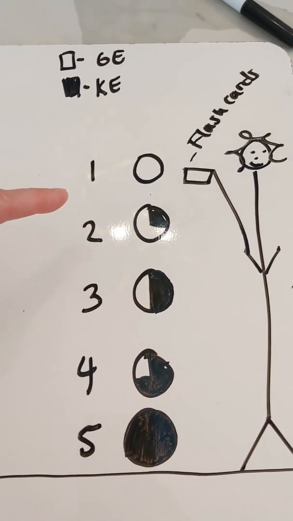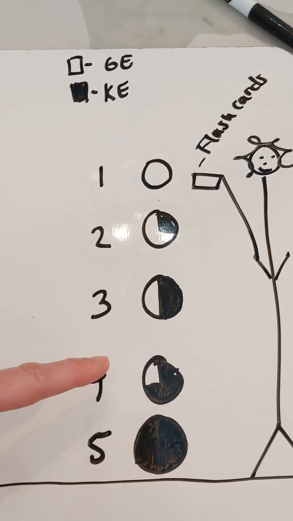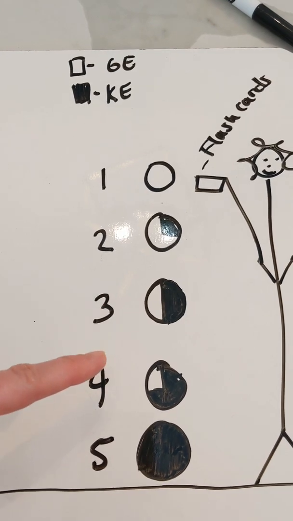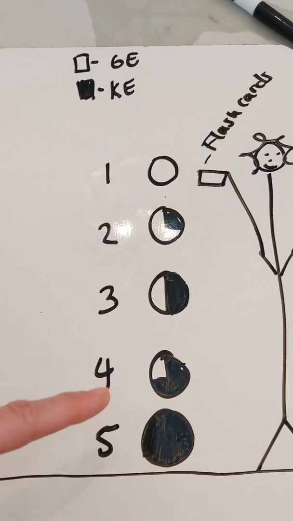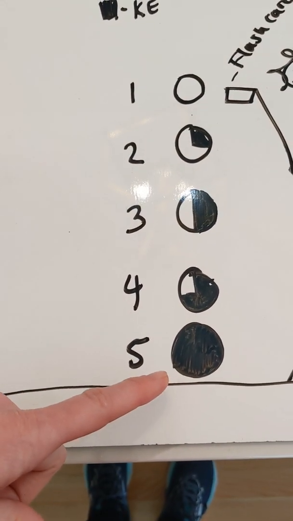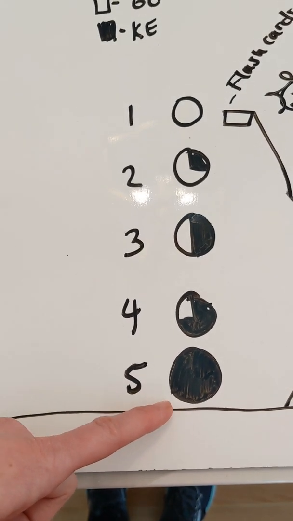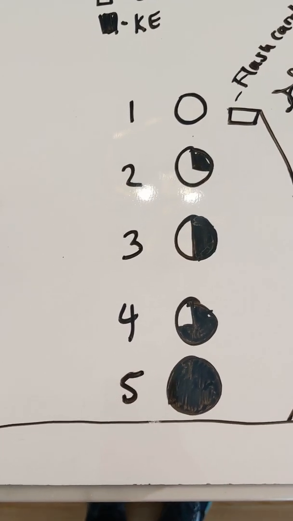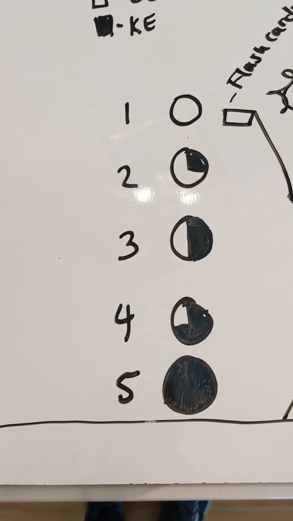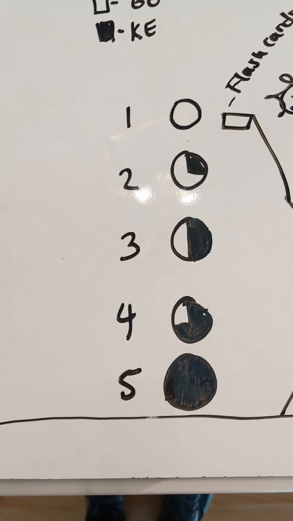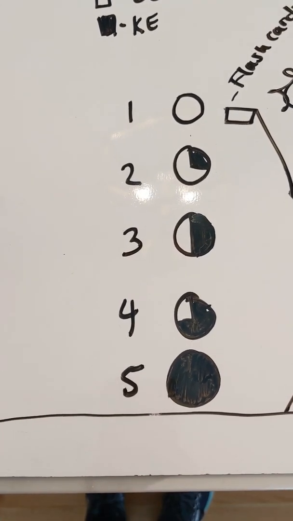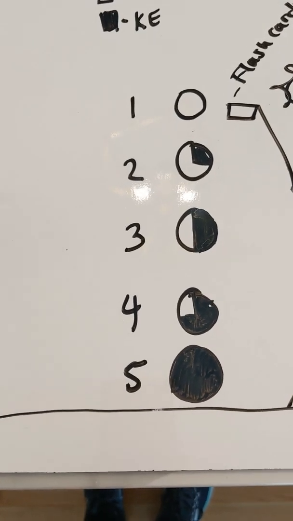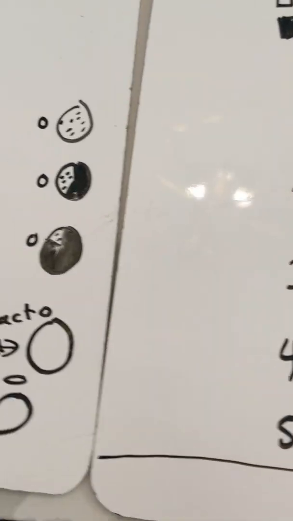And we dropped it, and as it was falling, it was gaining kinetic energy and decreasing in gravitational energy up until we reached this point. If you remember what this is called, it's that split second before it hits the ground. It's called impact speed. No matter how fast it's going, that split second before whatever it is hits the ground is going to be the most kinetic energy that object will have. So it'll be all kinetic energy.